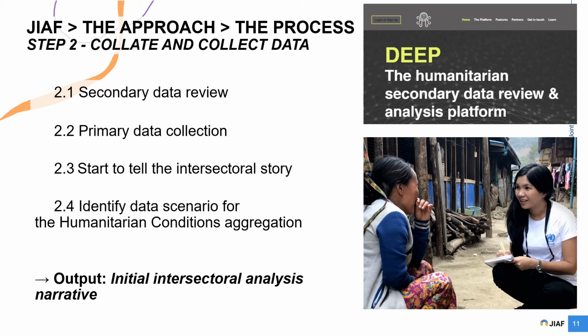The last part of this step is to identify which data scenario will be used for the humanitarian conditions indicators aggregation. The output of step 2 is to have an initial intersectoral analysis narrative that will be extended in later steps.